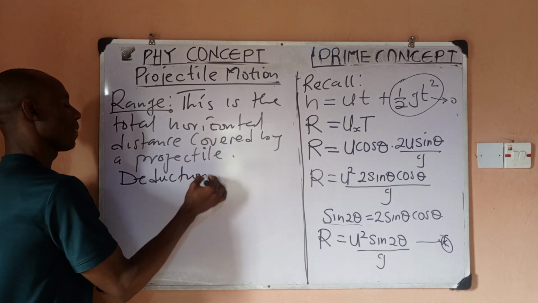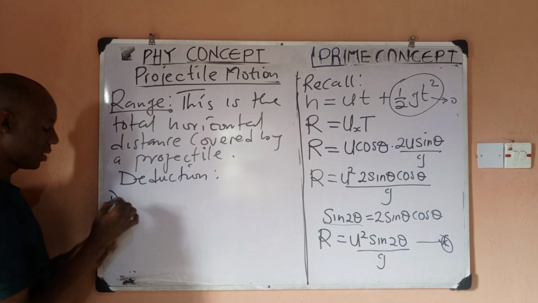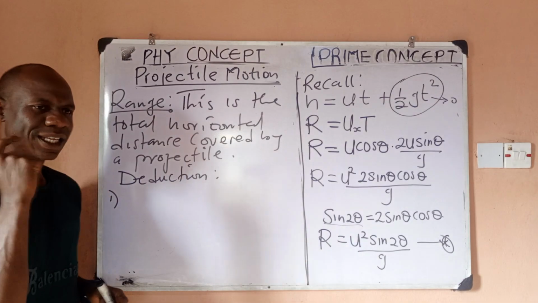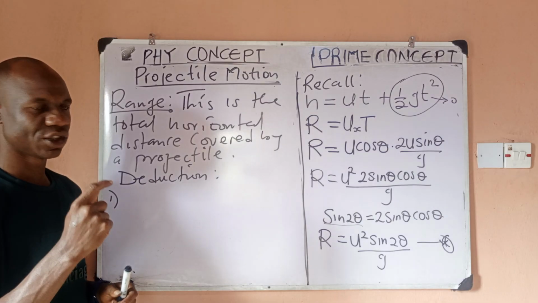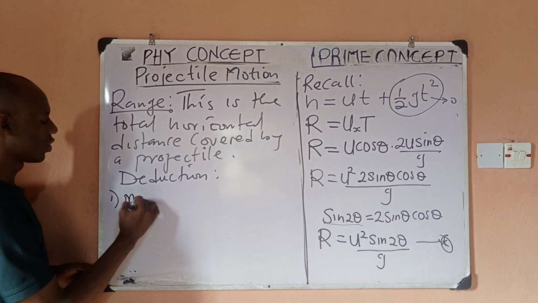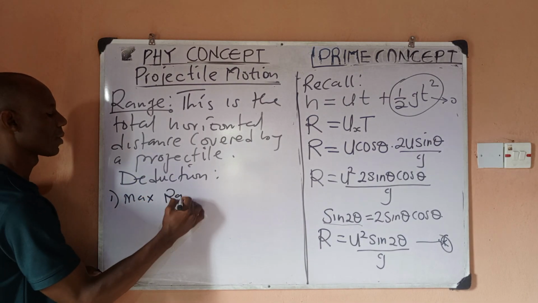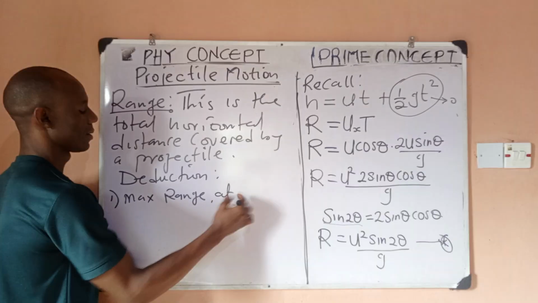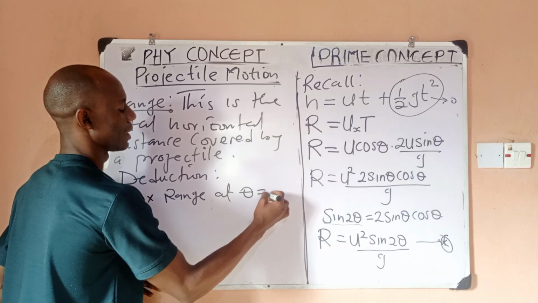Number one deduction about range that you should know is that you would get maximum range at theta equals 45 degrees.